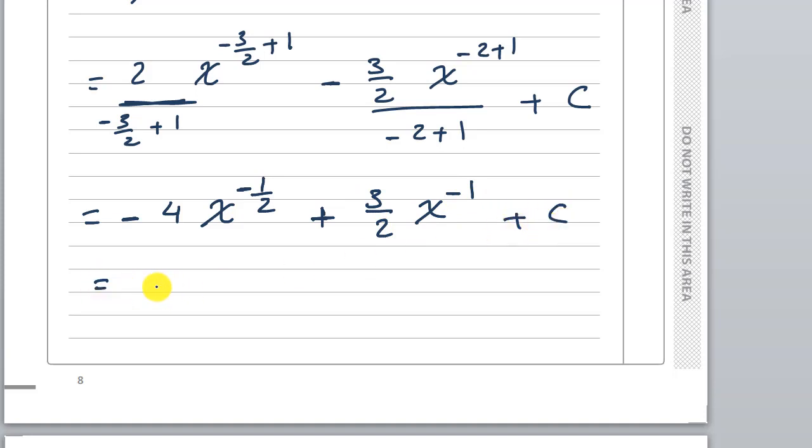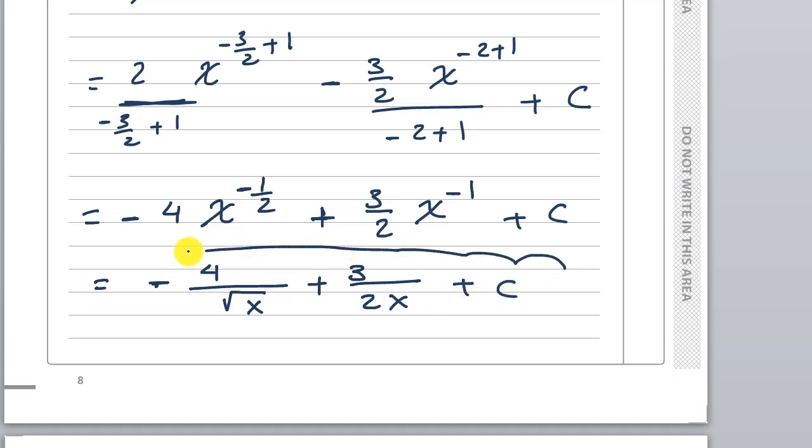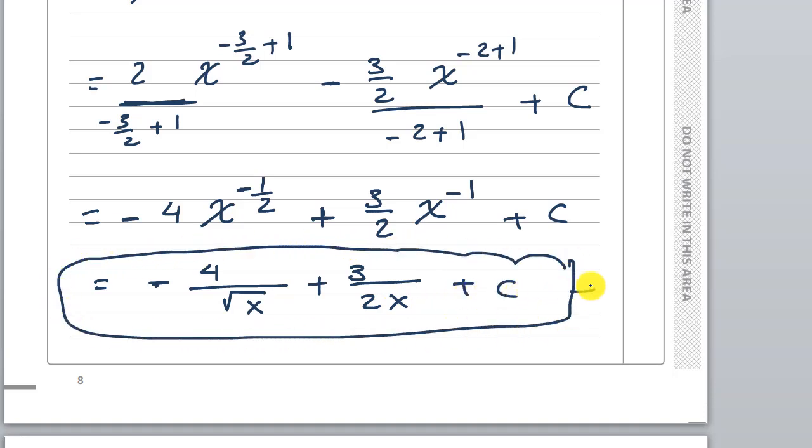So it's equal to minus 4 divided by square root of x, plus 3 over 2x, plus c. And this is the answer of the integration.